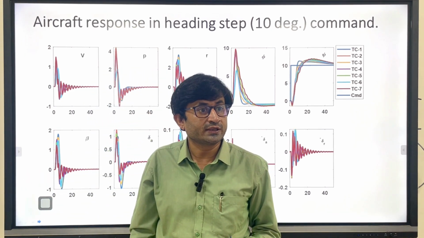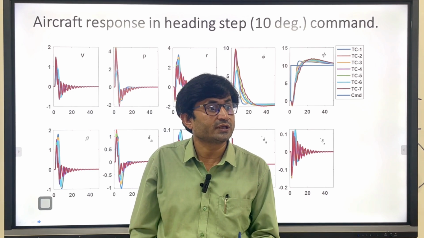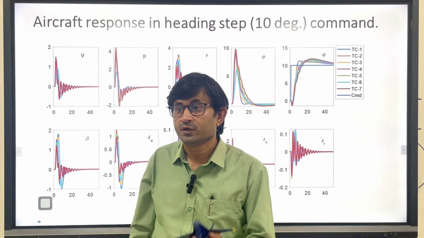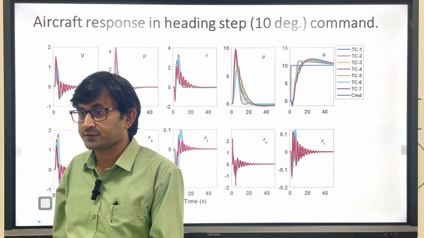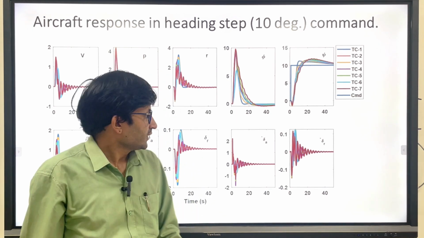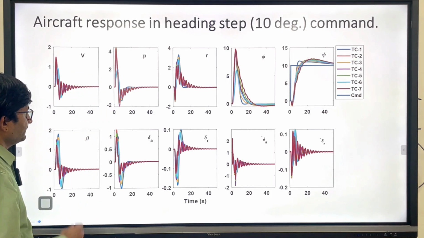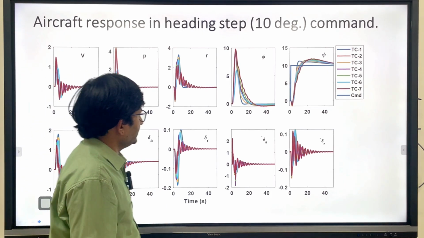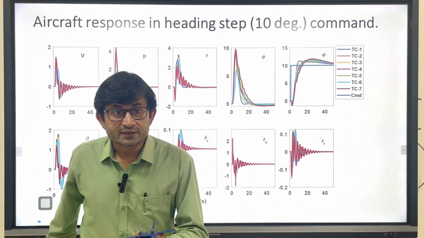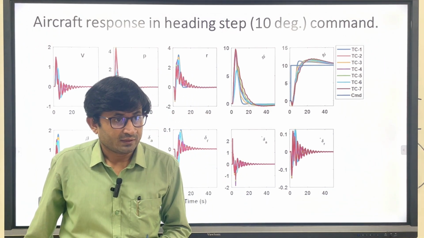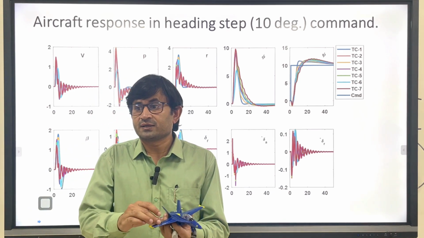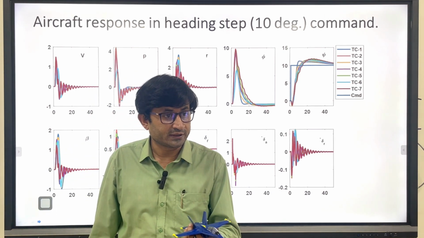So how can you increase it? Either by increasing the speed or putting the elevator up in order to increase the angle of attack. When the angle of attack increases, CL increases, lift increases. So this is why in reality elevator is also required, and there is some kind of trim drag also, so drag will also increase.